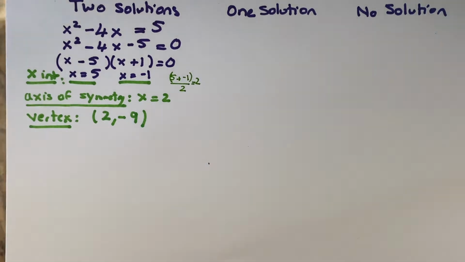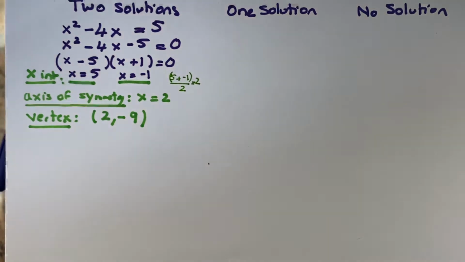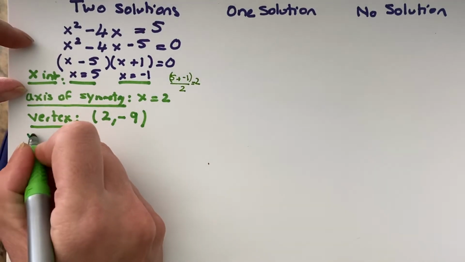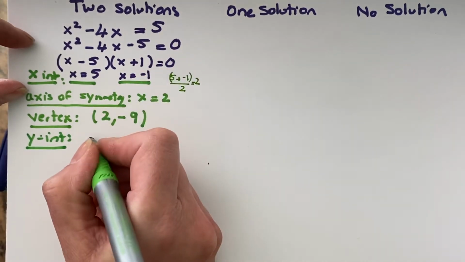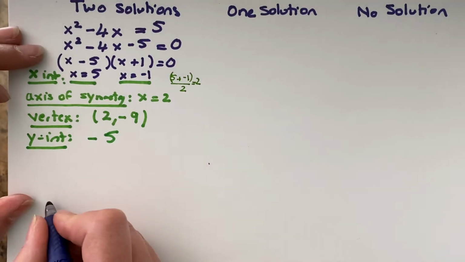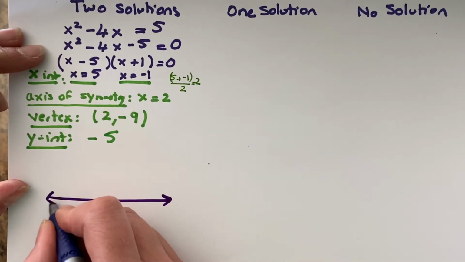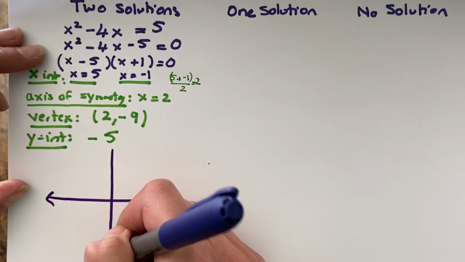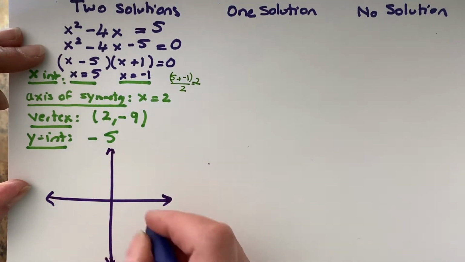Okay. So I have my vertex, and what else can I get from this equation? I could get my y-intercept. Well, looking here, my y-intercept is going to be -5. I think I now have enough information to make my graph, right? So I'll try to save some room on the bottom to do my graph. Let's see.